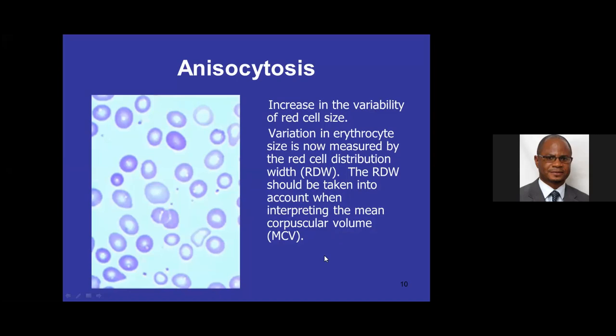In anisocytosis, what do you see with the MCV? I'm not going to ask you to tell me, but just note it and look out for it. What is the MCV like in anisocytosis, when the cells are varied in size?